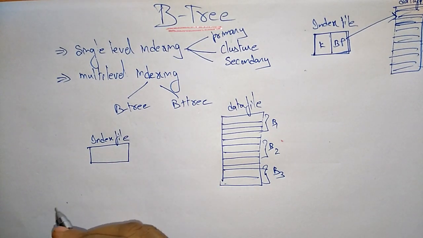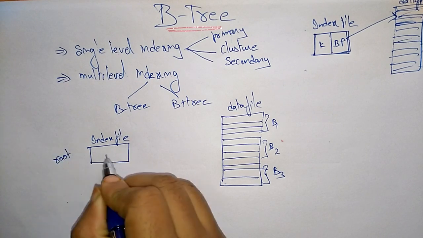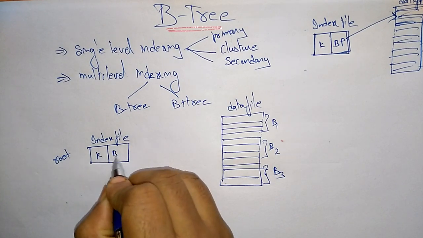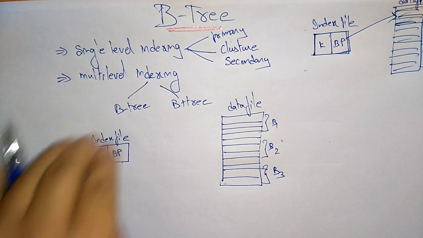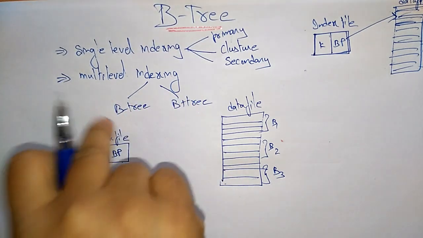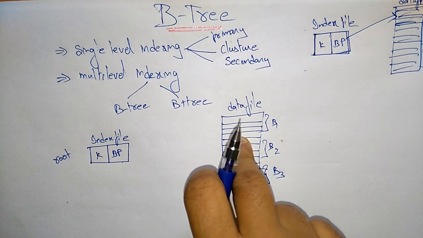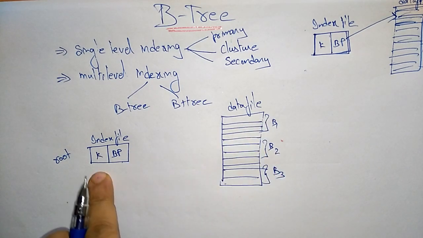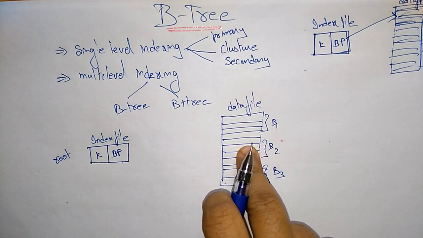This is the main file, you call it the root, and it has only one particular key and one particular block pointer. This is what the database accesses first. With its help, it searches the files present in the data file on the disk. So the index file helps in searching the data file.